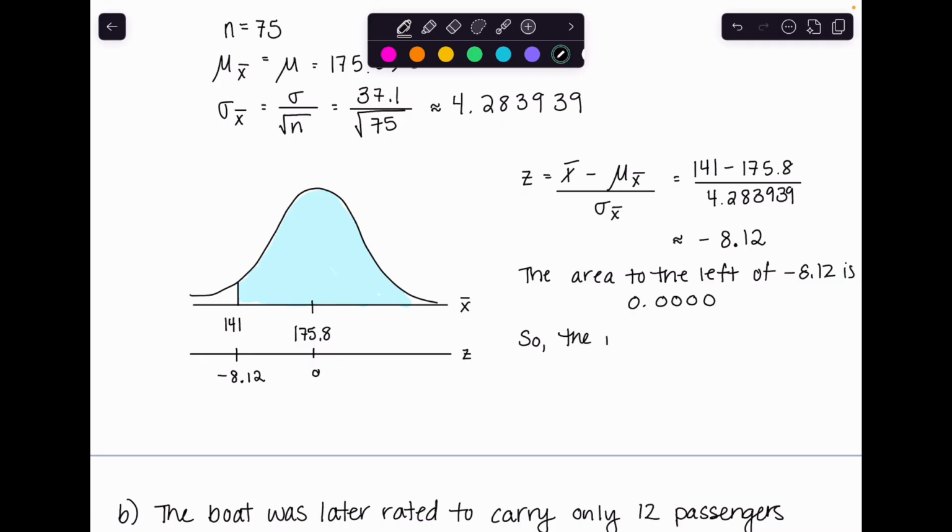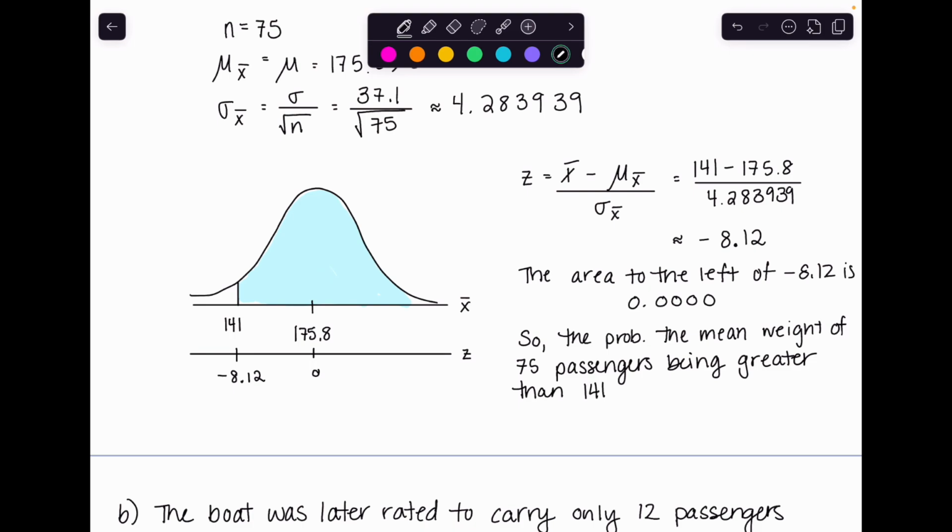So the probability the mean weight of 75 passengers being greater than 141 pounds is 1 minus 0, which gives you a probability of 1.